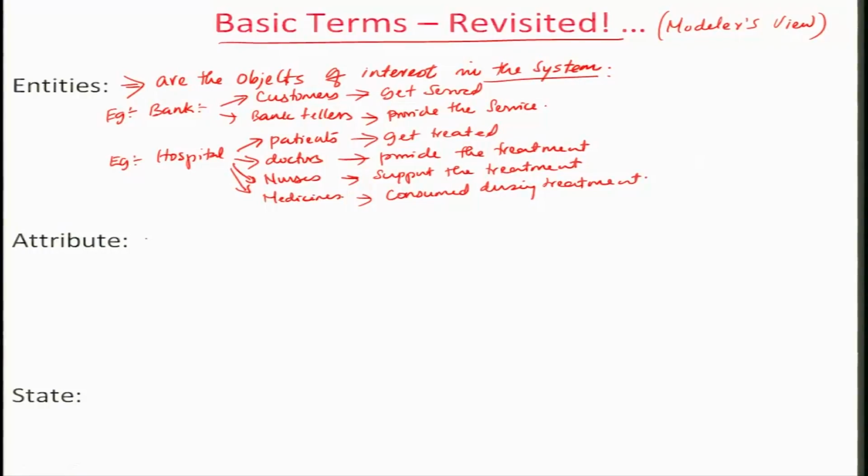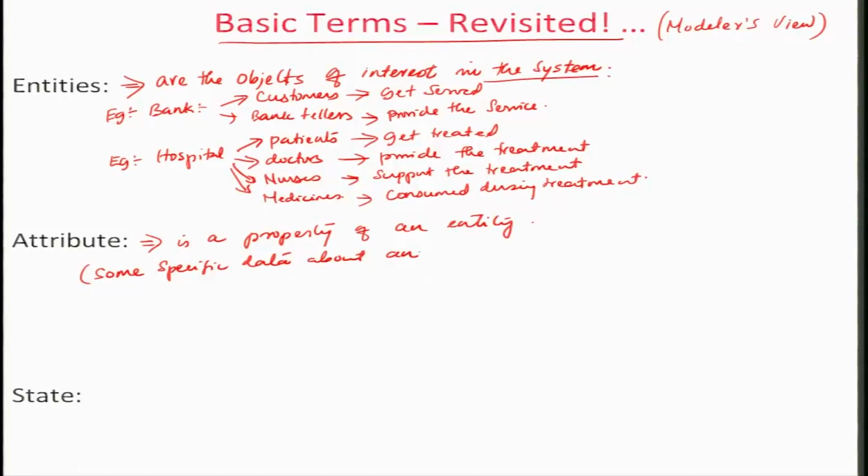Now, we talk about attributes. An attribute is a property of an entity. It is some specific data about an entity.